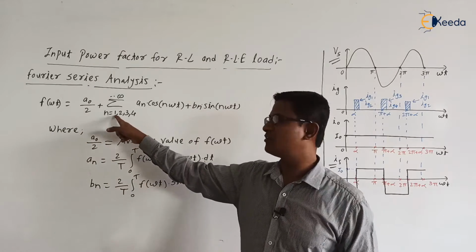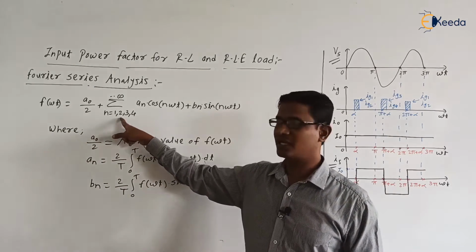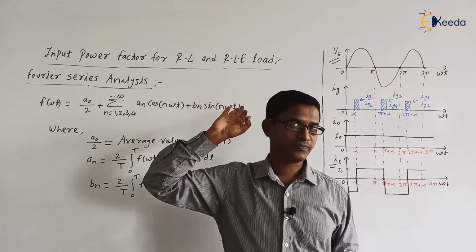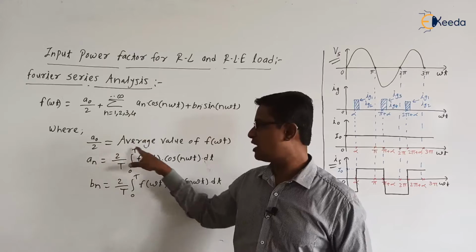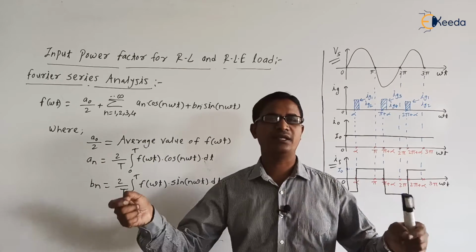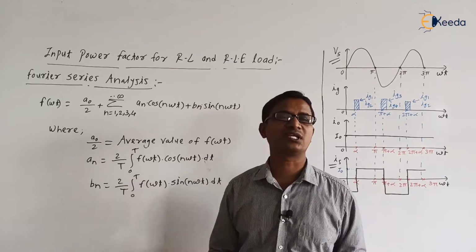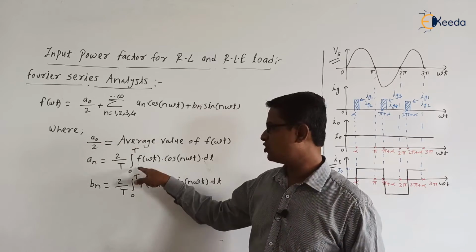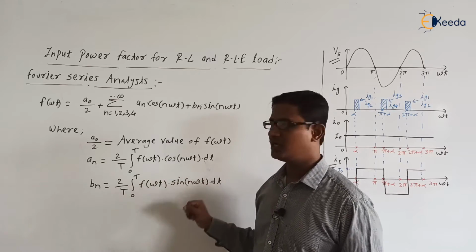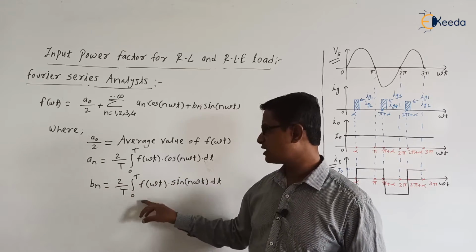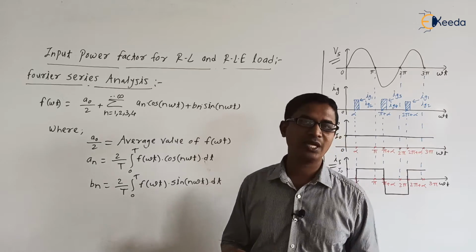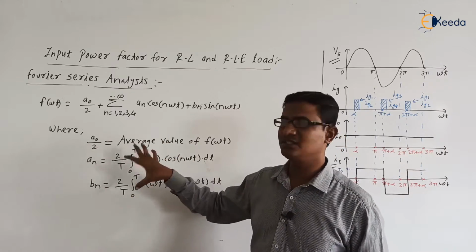N equal to 1 is the fundamental component, then the second harmonic, third harmonic, fourth harmonic, fifth harmonic up to infinity. Here a0 by 2 is the average value, an is equal to 2 by T, where T is the period of that periodic signal, integration from 0 to T of f of omega t into cos of n omega t into dt. bn is equal to 2 by T integration from 0 to T of f of omega t into sine of n omega t into dt. So you need to memorize these three terms.